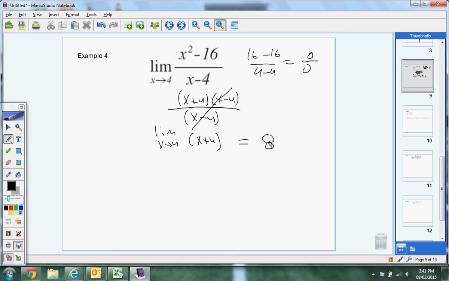So if you want to see the picture, that's what it looks like. It's just a nice continuous line with an open dot at 4, 8.